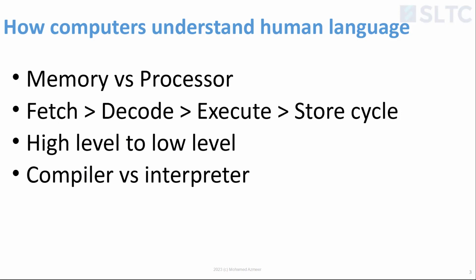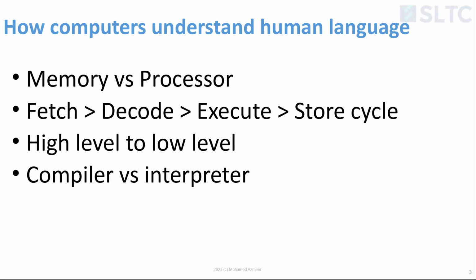Because we understand computers are actually electronic gadgets, and these gadgets don't understand the language we are talking, in this case, English, right? So we need some sort of a mechanism to translate what we are saying to the computer language. Now, the computers understand only electricity, whether there is electricity or there is no electricity.